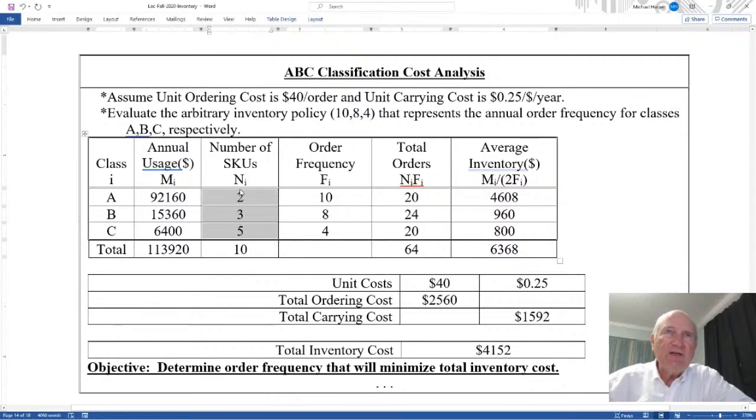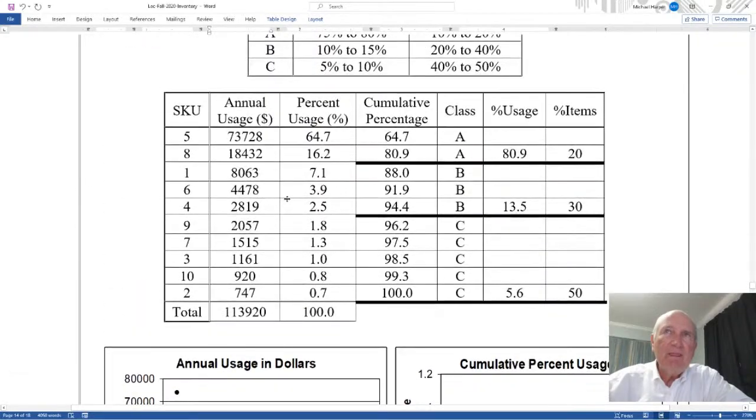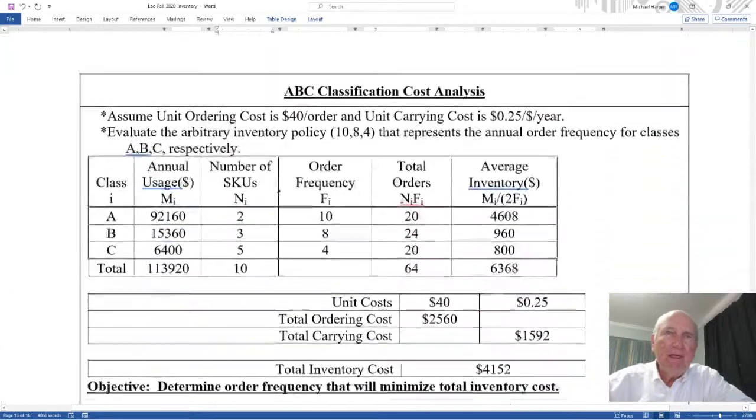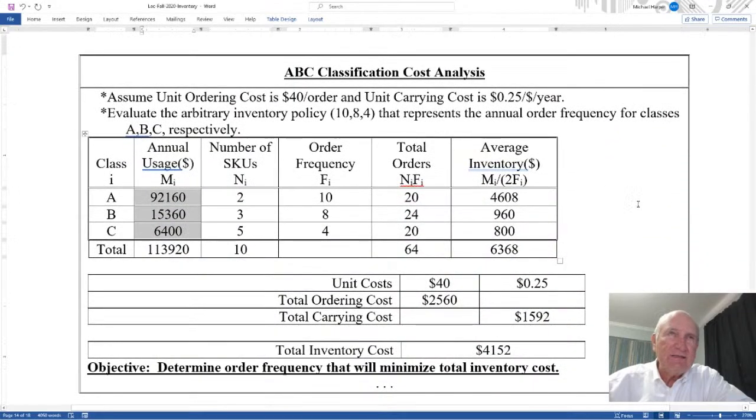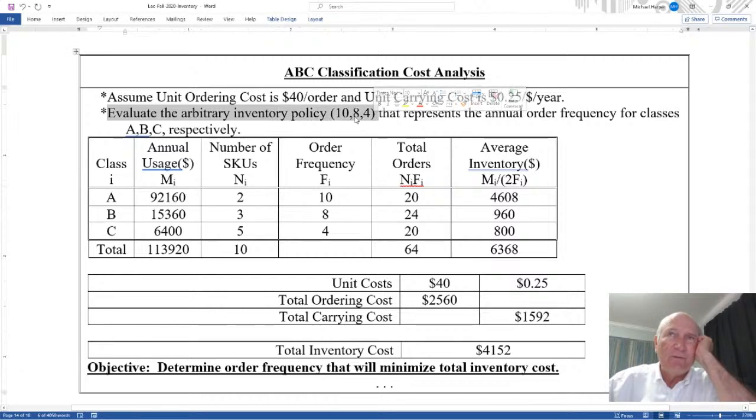But then for my A items, I'm going to add up all of the usage for my A items, add up my usage for my B items, add up my usage for my C items. That's my class usage. Okay. Now, I have these costs, but let's just evaluate arbitrary inventory policies of 10, 8, and 4.